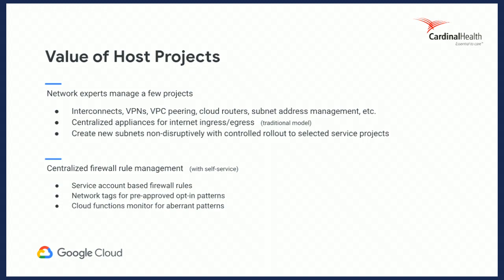So if I am exposing an internal web server and I want to grant it to everybody on the premise, then I can just apply that one tag on my one server, and therefore I've granted it. Through security, it takes some negotiation, but we've granted certain patterns that are approved, and I, as a developer, can apply that tag, and I immediately get that access.